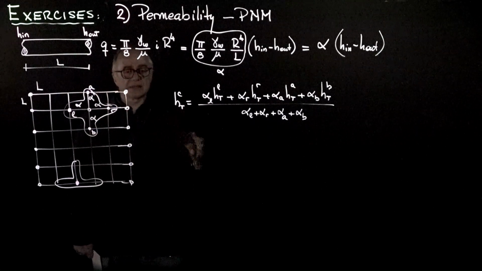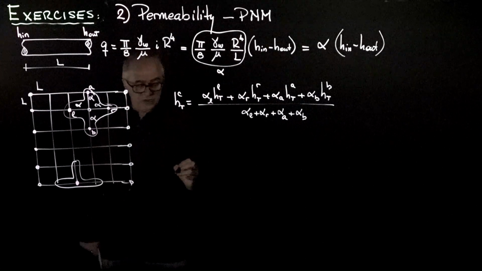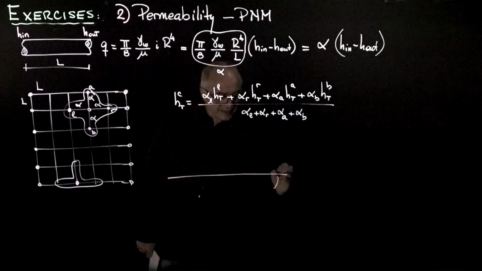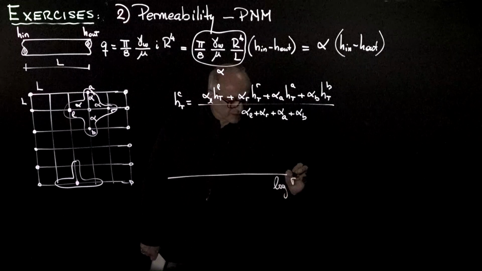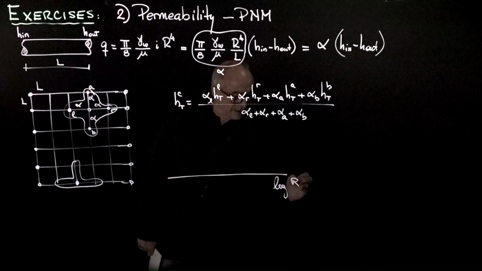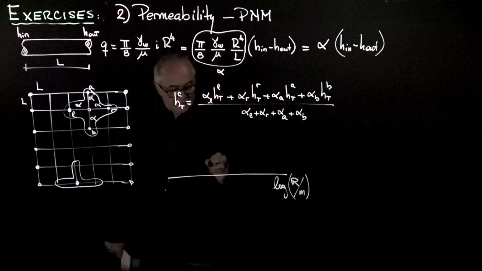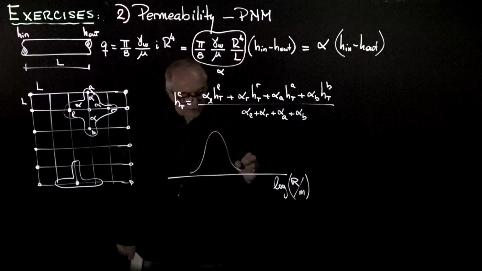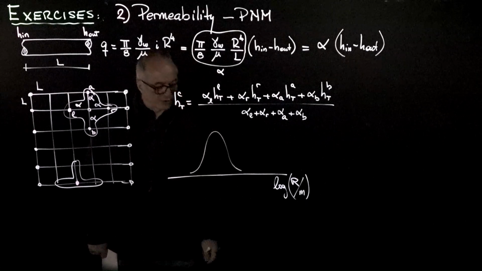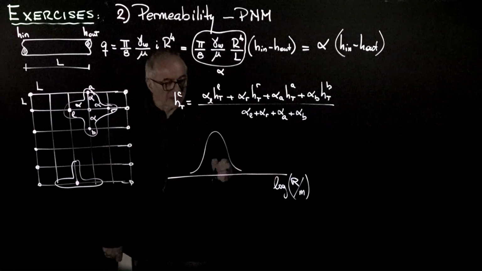Now you can create a pore size distribution, because we know that in logarithmic scale, in logarithms of the radius, making it dimensionless for the logarithm, the pore size distribution tends to follow a log normal distribution. That means normal in logarithmic scale.